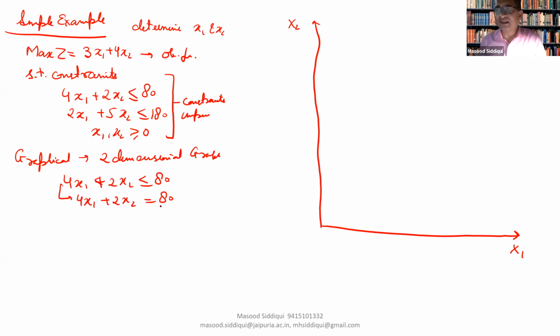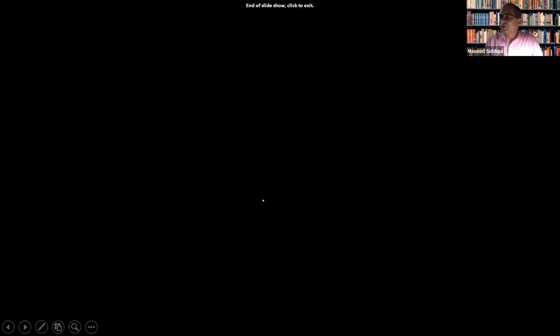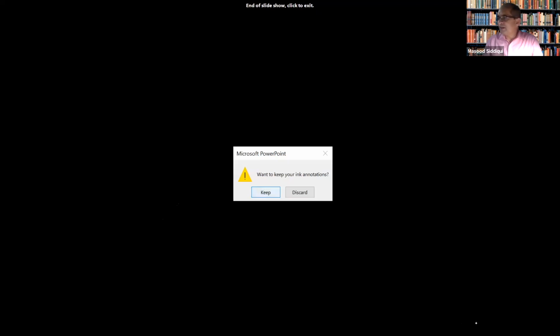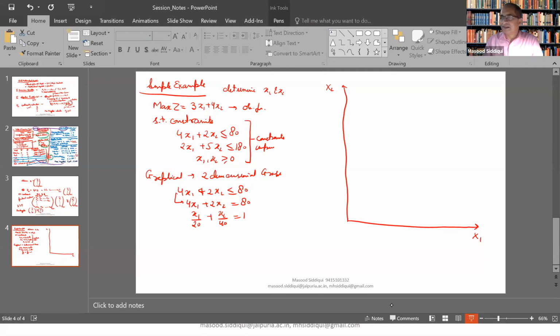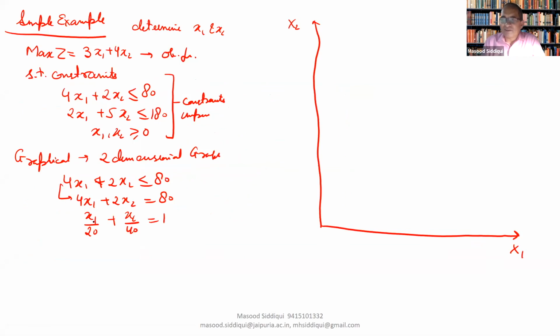For the time being, we are considering it as equal to 80. So this can be written as x1 divided by 20 plus x2 divided by 40 equals 1. Here we have an intercept on the x1 axis as 20 and an intercept on the x2 axis as 40.